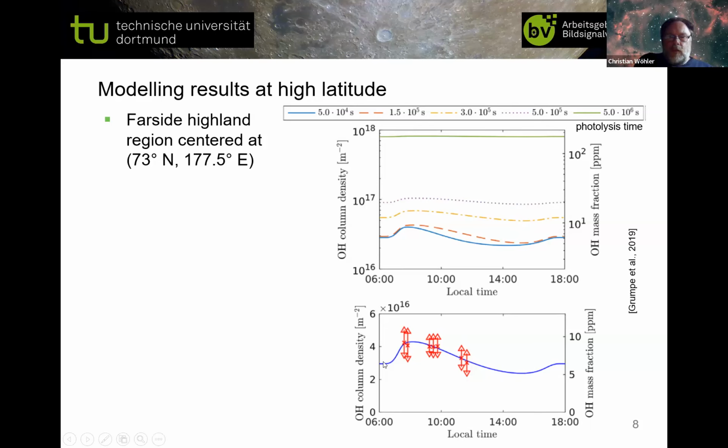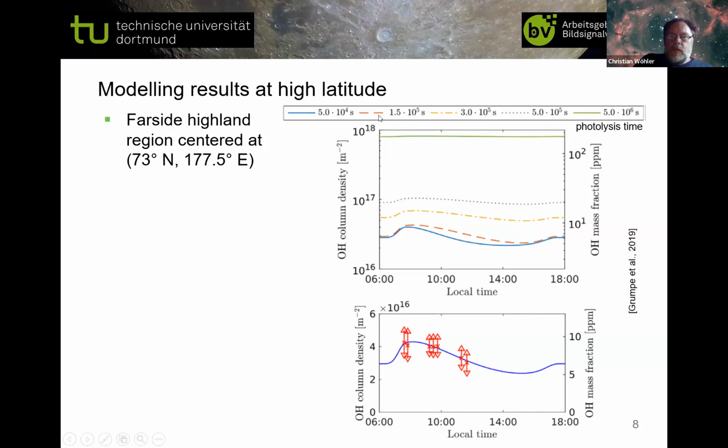And we can see here that the different colors denote the photolysis time. Given a specific photolysis time, the best fit of the model, the hydrogen activation energy, is estimated by adapting the model to the data.